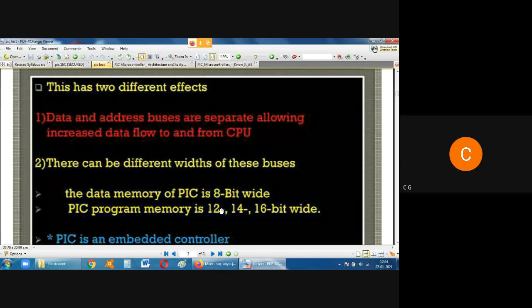It is a separate program memory, so it has a separate bus to communicate. The data is written into a separate memory location, and it is controlled by an 8-bit address line or 16-bit address line, depending upon the size of the memory. The size of the memory means 1 GB, 2 GB, the way we say I have a 16 GB pen drive or a 2 GB memory card.